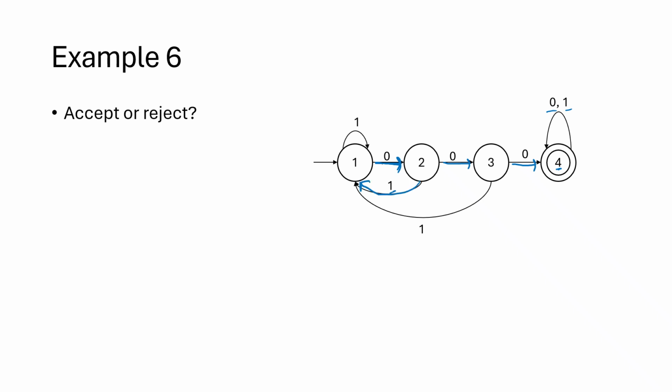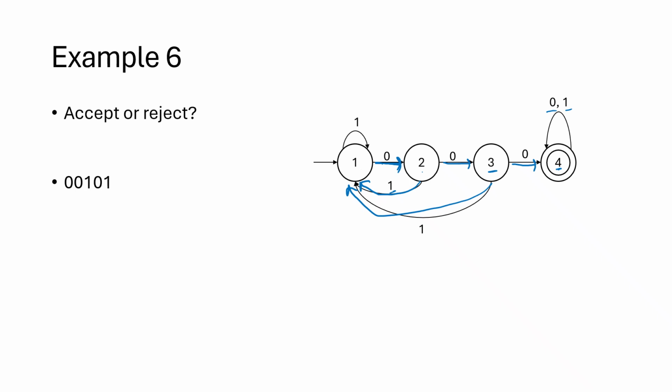Or if you read 2 zeros, and those take you from 1 to 2, and then from 2 to 3, and then you don't see the next 0 immediately, but you read a 1 after that, again, that takes you back to the beginning. So another way of saying this is, in this machine, you need 3 zeros to get to the accepting state, but these 3 zeros should not be interrupted by 1s, because if they are, then that 1 takes you back and you need to start over.